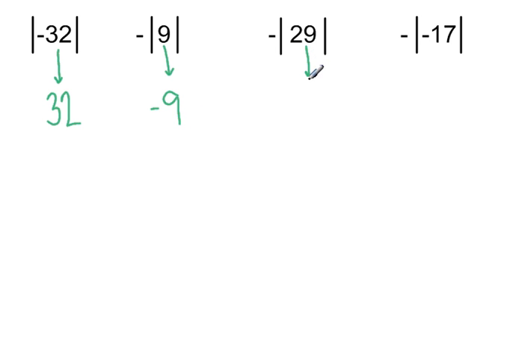The absolute value of 29 is 29, but then this negative sign will come down and join my answer. The absolute value of negative 17 is 17, but then this negative sign will come down and join my answer.